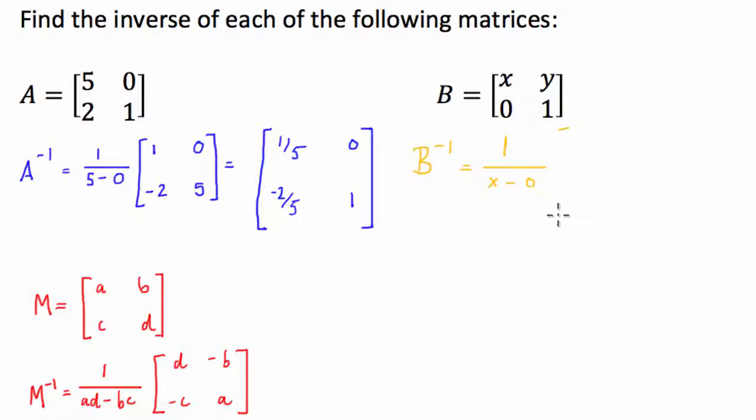And we're going to multiply this by, we flip the A and D terms, so we're going to have 1 here. We're going to have an x down here, and we flip the sign on our B and C terms. So we have negative y, we have negative 0, which is still 0.